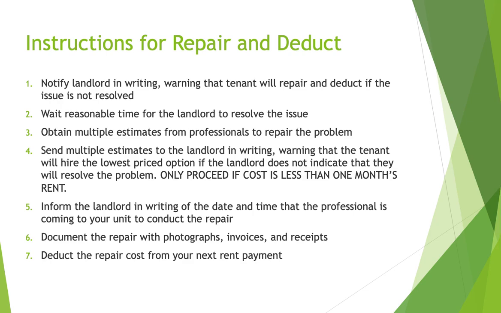Then, if you have complained to the landlord in writing about the issue, and the landlord is either refusing to resolve the problem or refusing to respond properly, then what you need to do is obtain multiple estimates from professionals to repair the problem. So you don't want to go to the landlord with just one estimate.